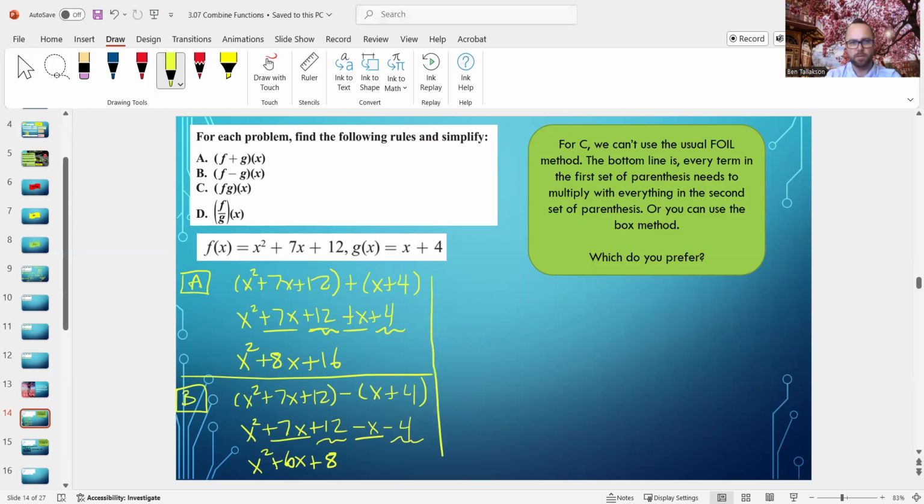C is multiply. Okay, there's a lot of terms here. We're going to multiply. We have a trinomial times a binomial. So I'm going to set up my box method with 3 columns for the trinomial and 2 rows for the binomial. Let's put it all together.